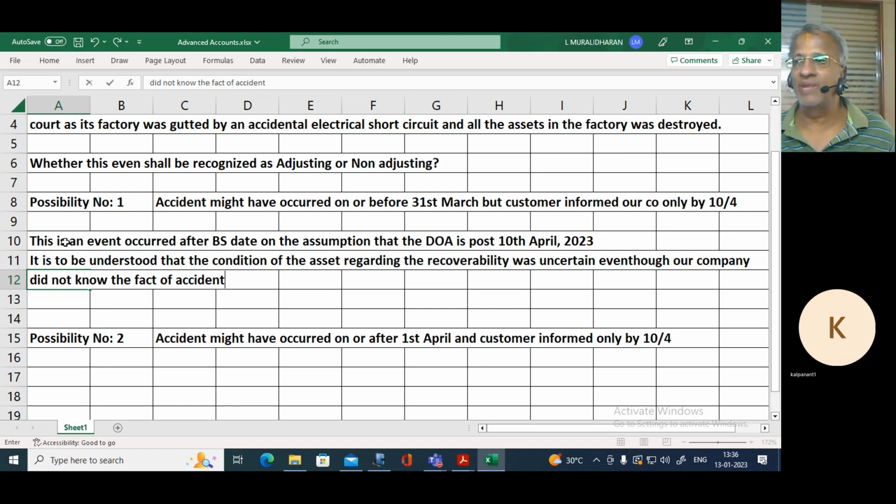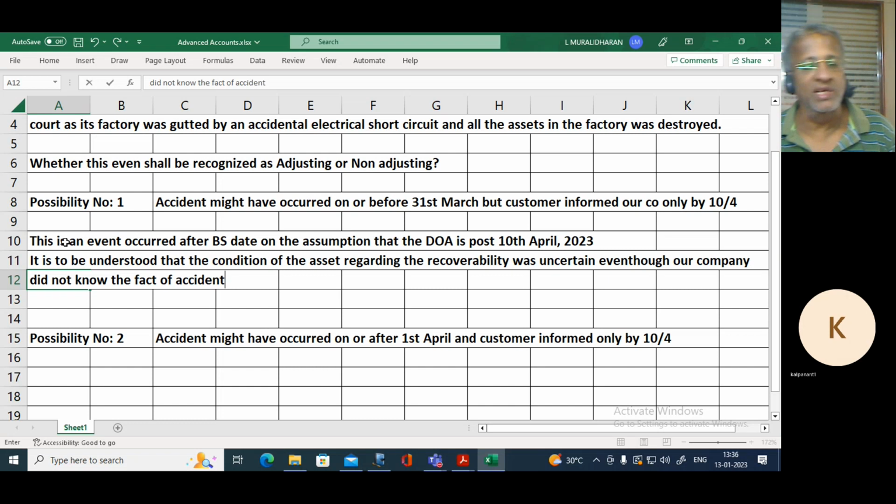So to classify a matter, or to take the condition of an asset, it is not based on your knowledge. You may refuse to learn, you may be a dull-headed person, a lazy person. That is not the basis on which something will be decided. Universally, yes, you are not knowledgeable, but it was there.